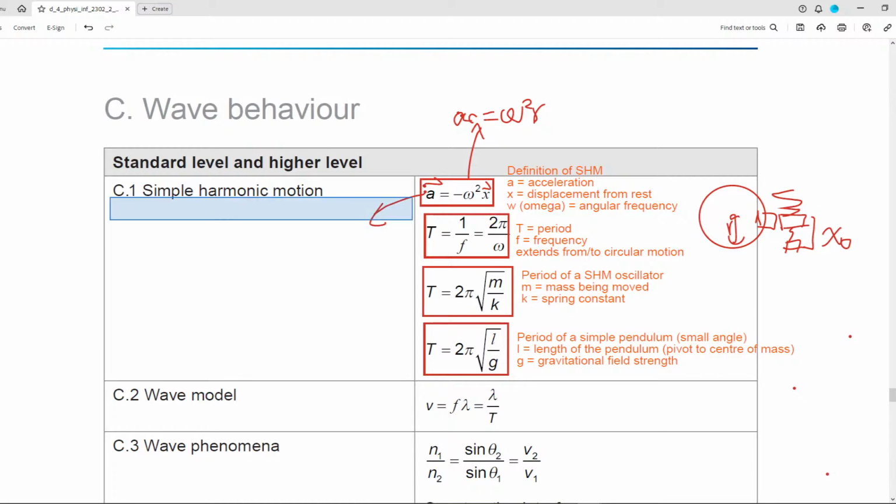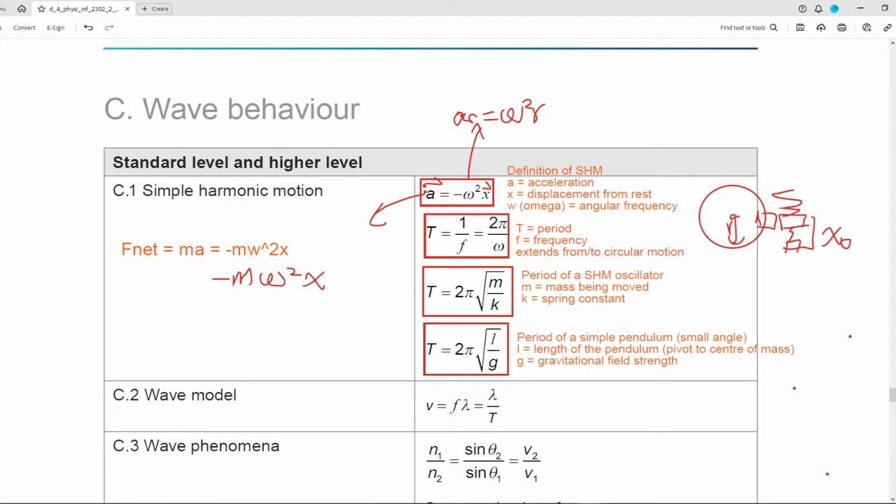F net equal to ma, of course, will equal to negative m omega squared x. That is important.